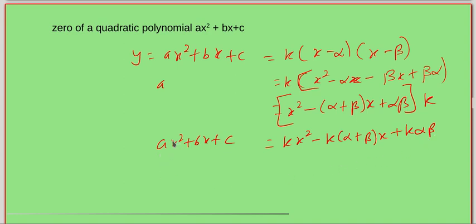If we equalize the corresponding coefficients, x square coefficient, x coefficient and constant, let me see what will happen. First let me equalize the x square coefficient. ax square equal to kx square. So this x square cancels, a equal to k.